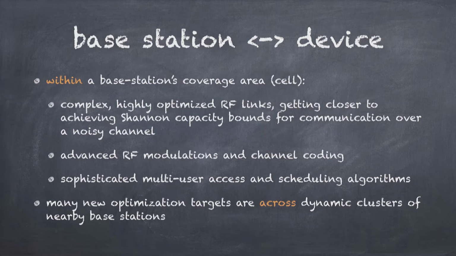And because within a cell the communication link is already highly optimized, the newer targets for optimizing the performance of the overall network are now between cells, or rather across dynamic clusters of nearby base stations. And that is the space that AirHop was concentrating in.